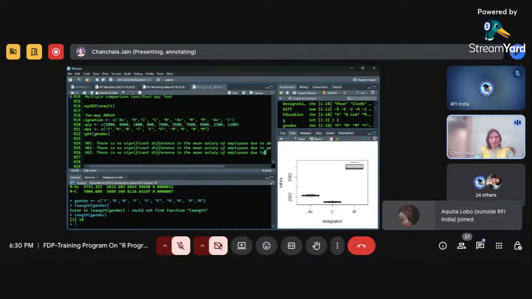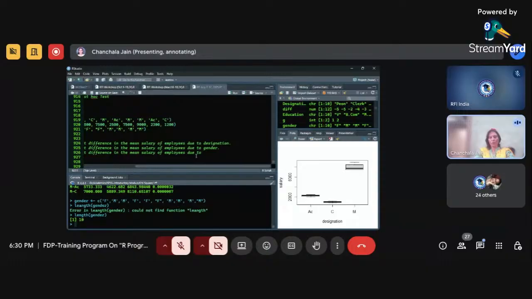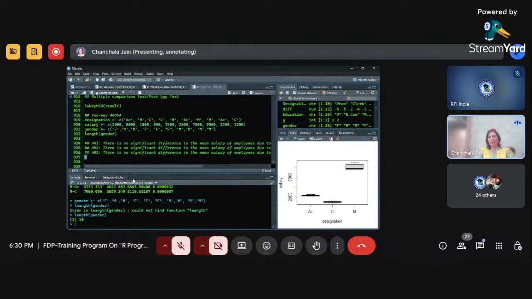Third will be, there is no significant difference in the mean salary of employees due to interaction effect of gender and designation. So these will be the total 3 null hypotheses in case of two-way ANOVA.